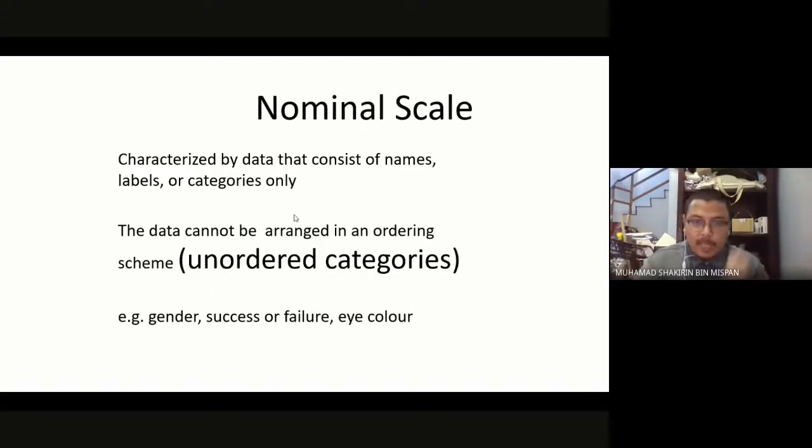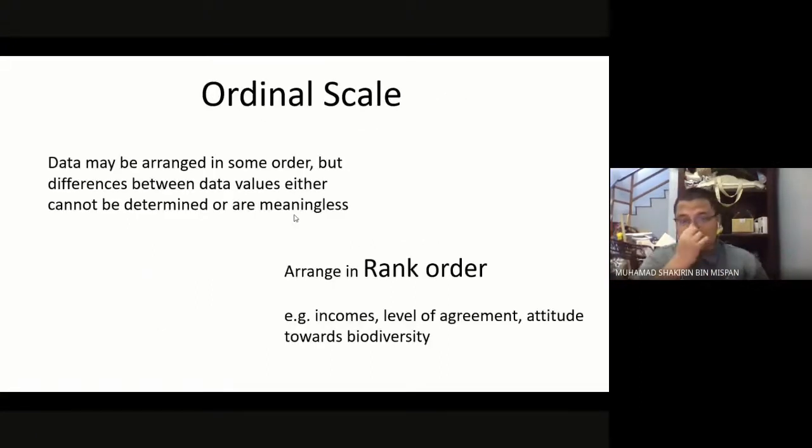Okay, that's first. Next, when you have order, like the level of happiness, when you go to the airport, to customer service counters, you have a 'please rate us' panel. So you have the smiley faces from sad to happy, right? When you have this arrangement, that is what we call the ordinal scale.